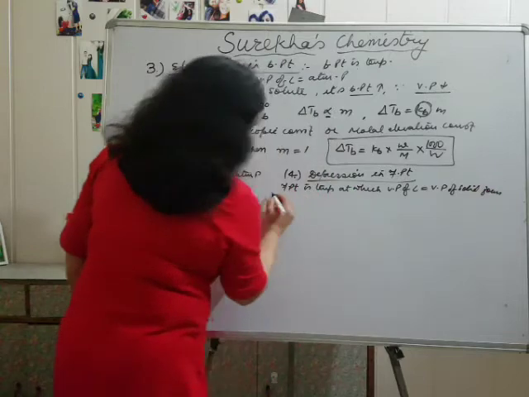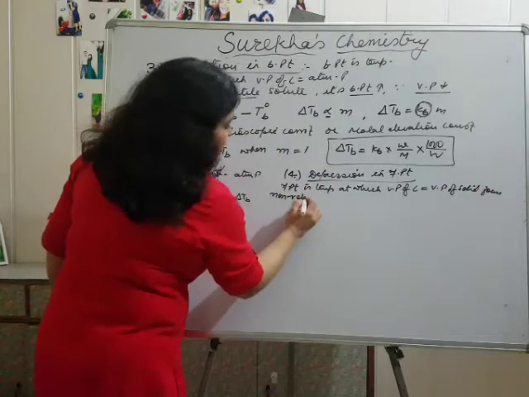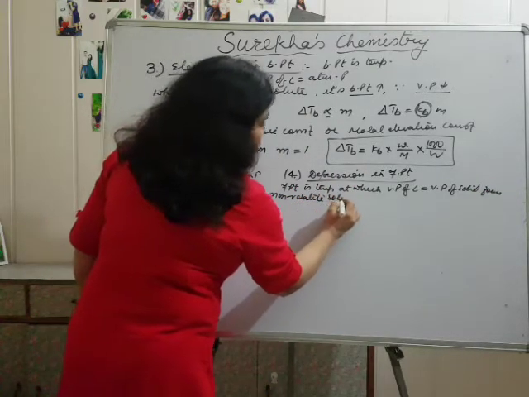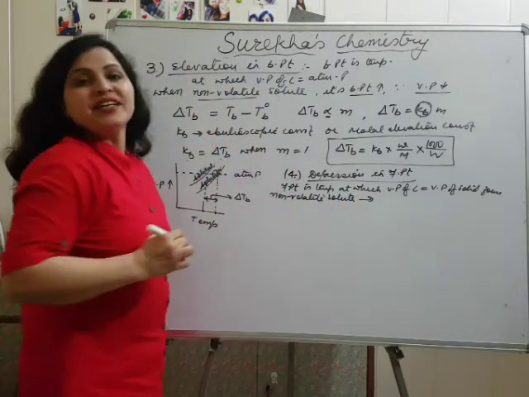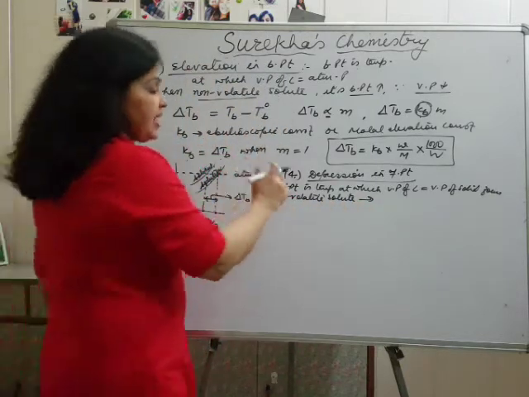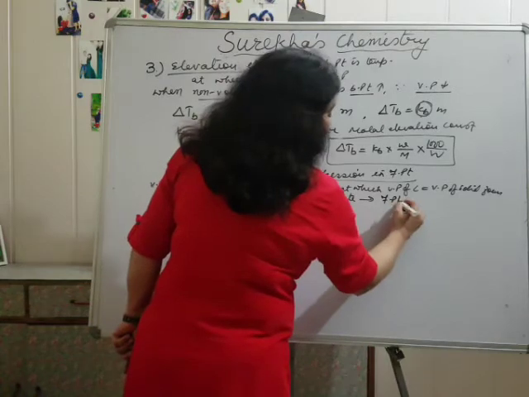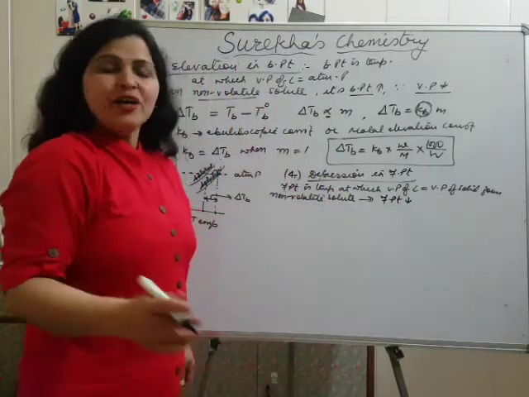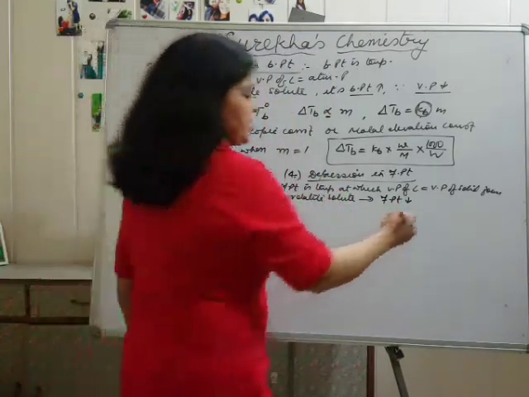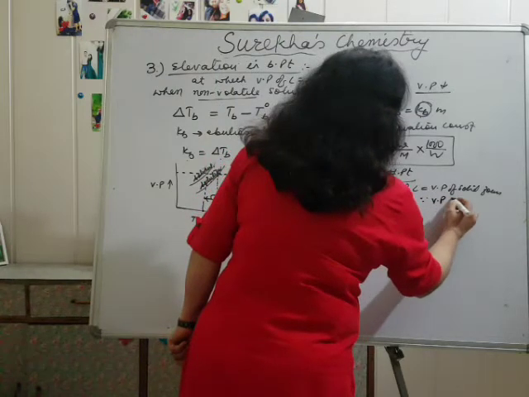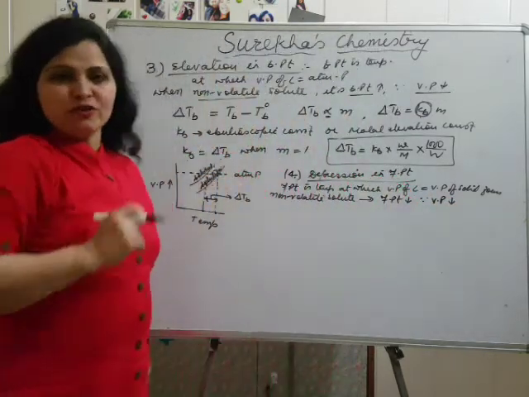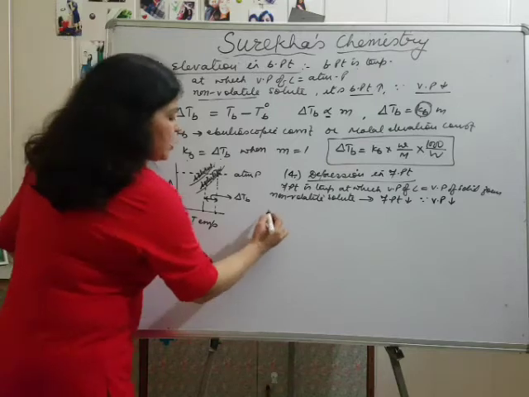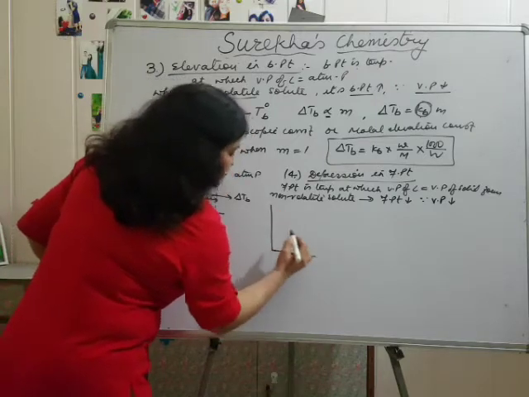As we all know, when a non-volatile solute is added to any solvent, its freezing point decreases. Why? Because once again the vapor pressure of the solution decreases. So graphically it is shown like this.